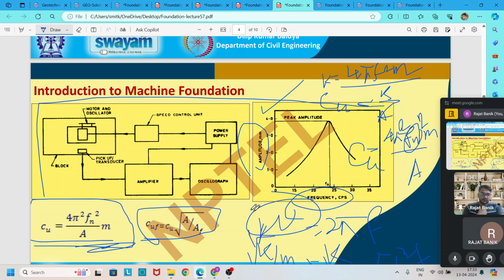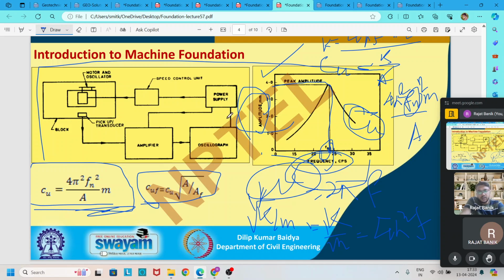We find this frequency after measuring the amplitude versus frequency curve in CPS, that is cycles per second, and at the maximum amplitude we get this frequency. We have to identify that frequency which will give the maximum amplitude, and this is our target frequency. And if you put this frequency value in this formula, we get the coefficient of uniform compression, and this is for the test foundation, 1 meter by 1 meter.